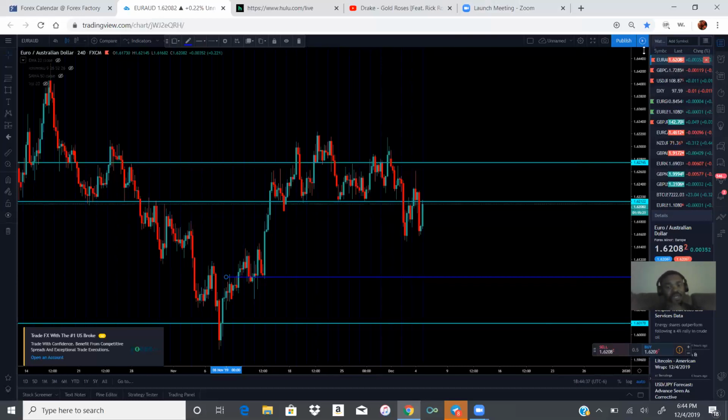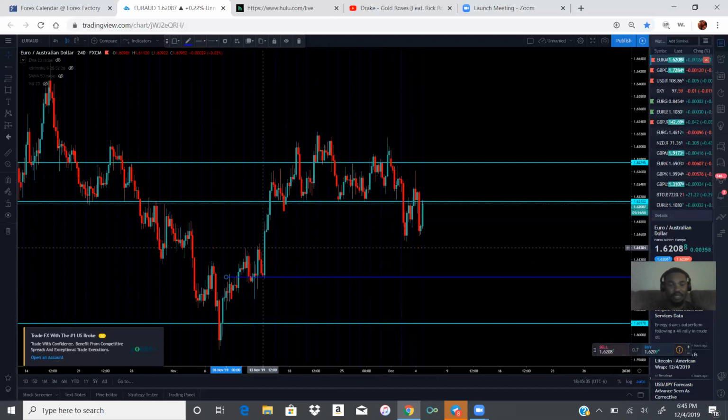All right, so I'm looking at Euro Aussie. Actually got this trade earlier today. I was looking for imbalance through the market, and what imbalance is, you have an unequal range of trading. So you have all this buy power right here, right? But before all this was here, you had no sell offer.